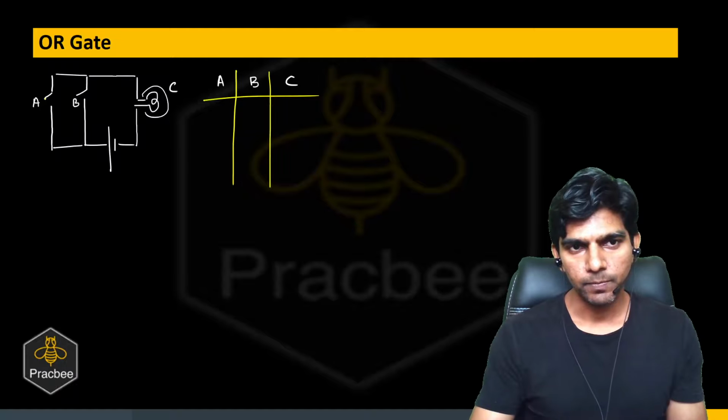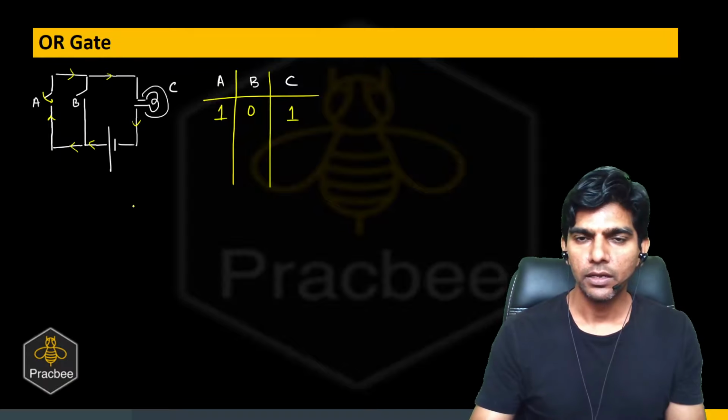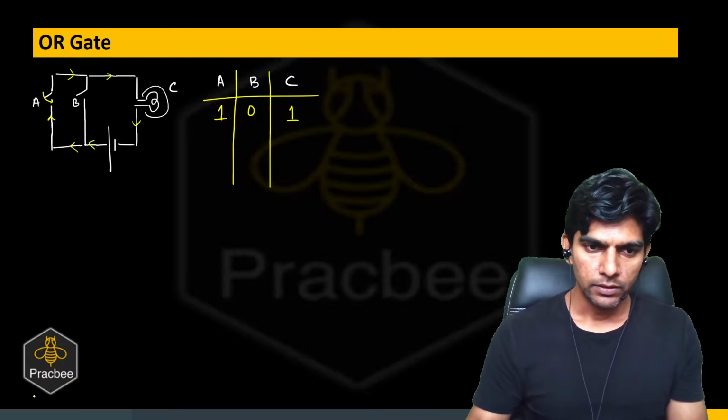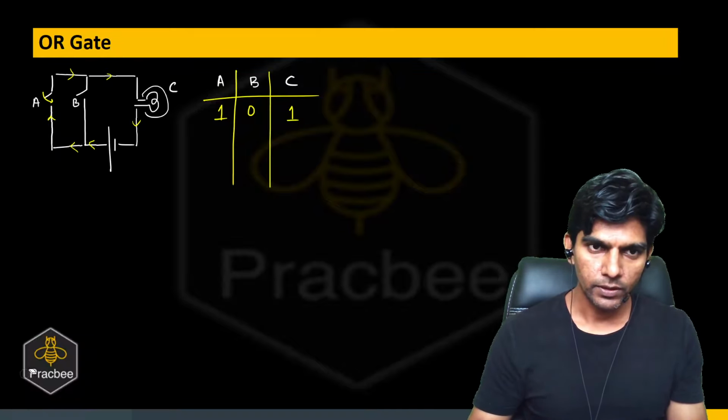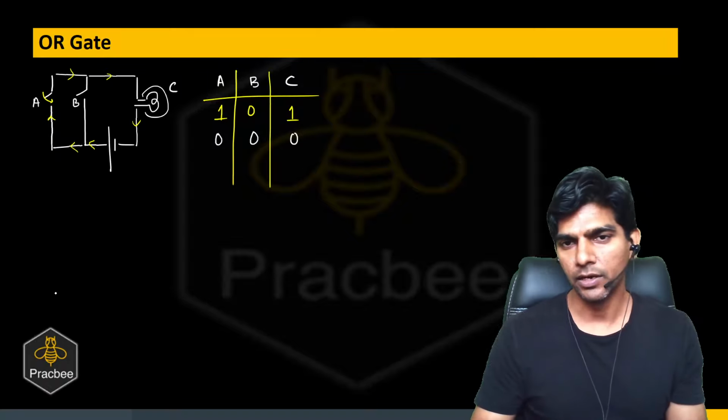If the switch 1 is closed, if I close this switch, what would happen? There will be a current through the bulb, so it will glow. So for 1, 0, we'll have a high output. If both the switches are open, in that case we have a low output.